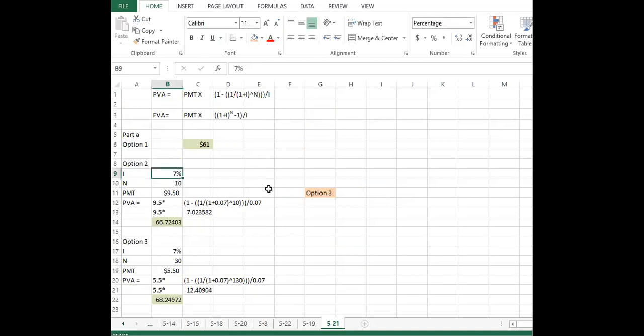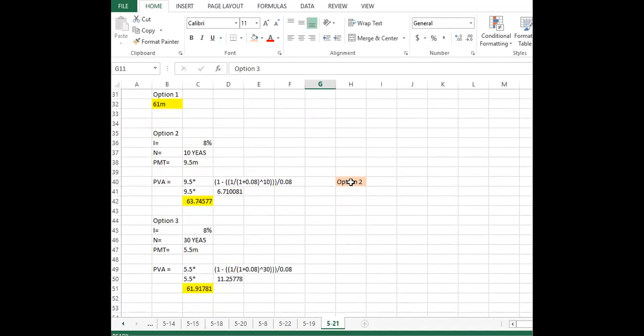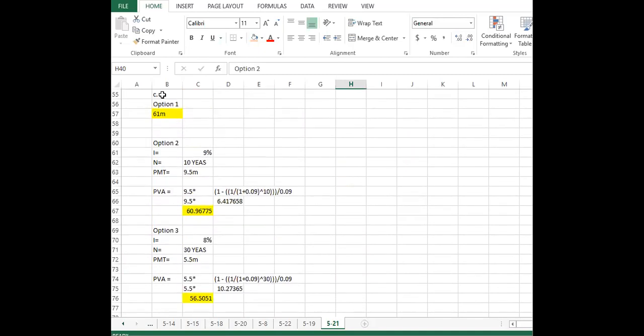So the option 3 was the best. Here we have 8% interest, but option 2 is the best option. Rest of the procedure is same. And if we see the part C, when we have 9% interest, so the best option is option 1. Okay.